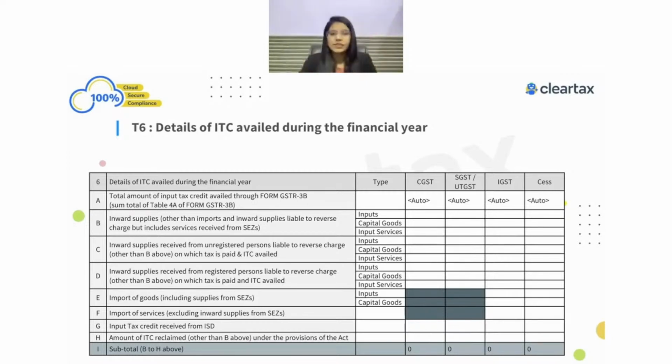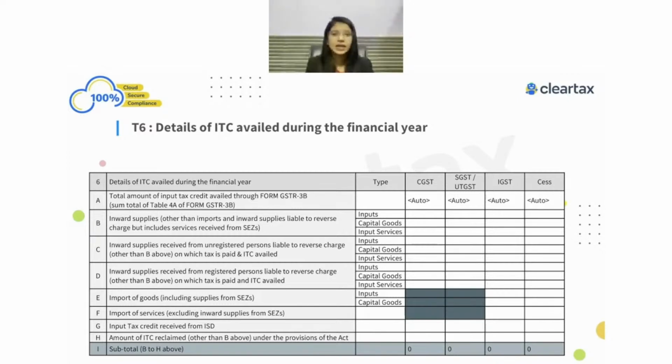Now one very important part here: 6A is the ITC which has been claimed in FY 21-22. That may include some ITC which was related to your previous year but has been claimed in the current year. There can always be some ITC related to FY 2021 but claimed in FY 21-22.